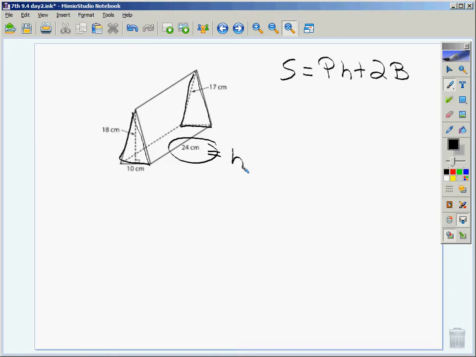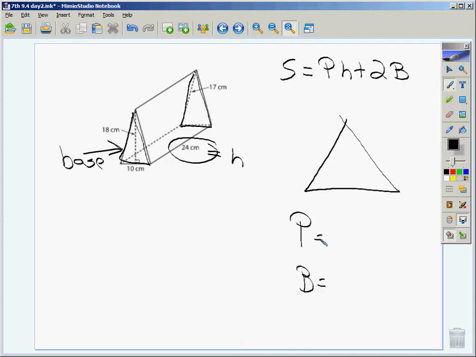I have to identify the height. Once I've identified the height, this is the base. And what am I going to do with that base shape? I'm going to separate it out, because I'm going to find P and B from this triangular shape.